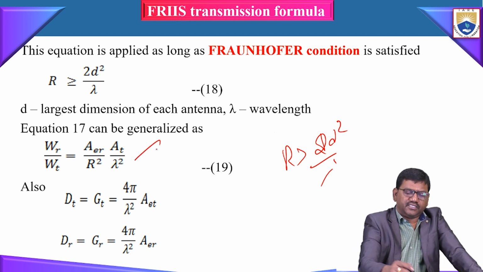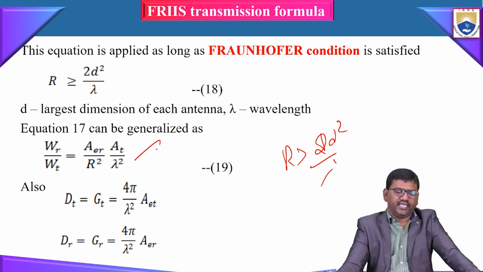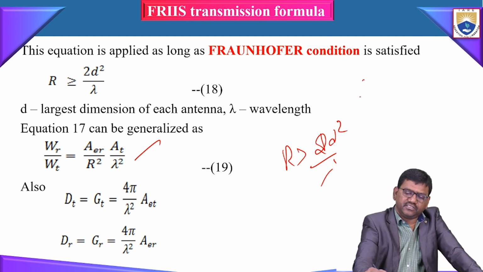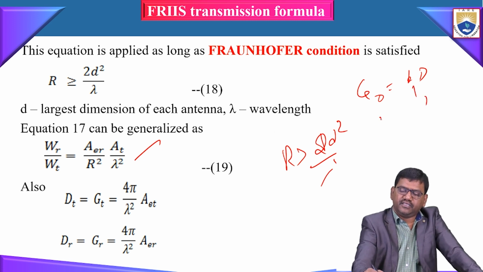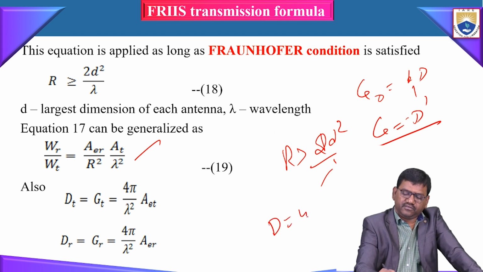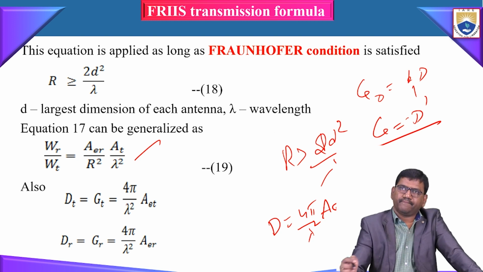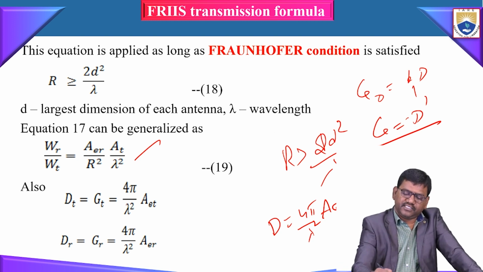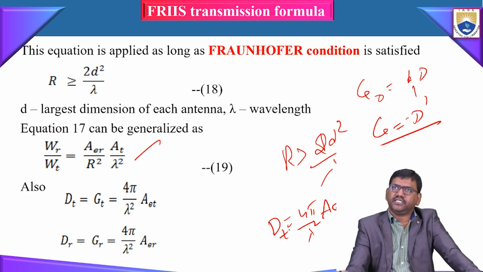We can also represent this Friis transmission formula in terms of gain. Why? Because we know that G is equal to KD, and if K is equal to 1, the efficiency factor, then G naught is equal to D. We know that D is equal to 4 pi by lambda square into AE. This is equivalent to G. So for the transmitting antenna, GT is equal to DT.